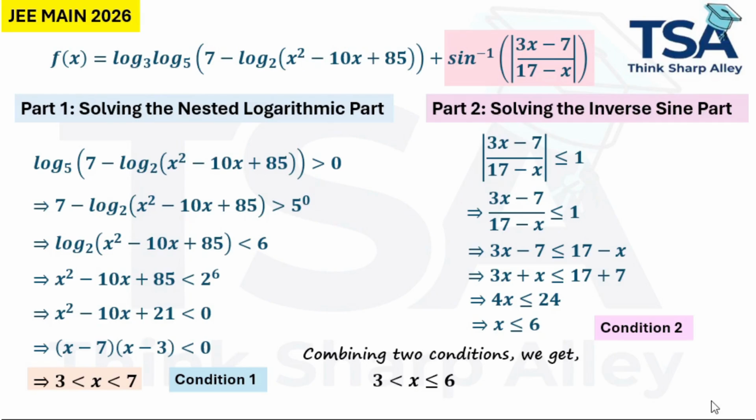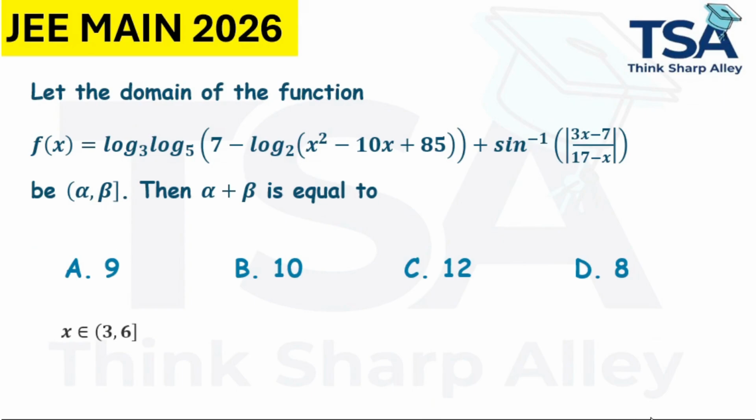So if I write in interval format, I will get x belongs to open interval 3 because it is strictly greater than, and here I'll get closed interval 6 because we have less than or equal to. So if I compare this with our question, alpha's value is 3, beta is 6. So alpha plus beta is equal to 9. The correct choice over here is option A.